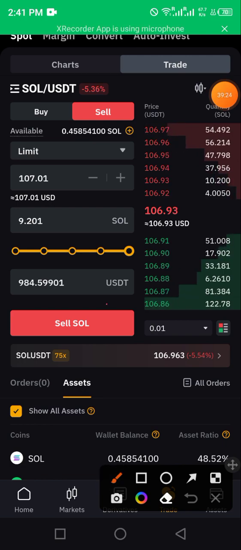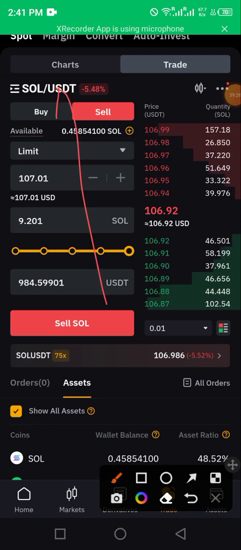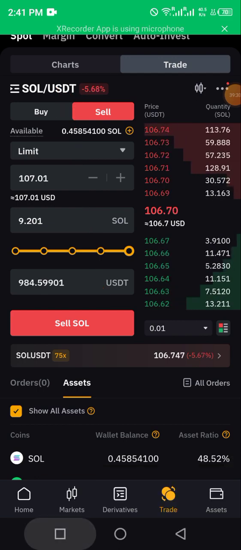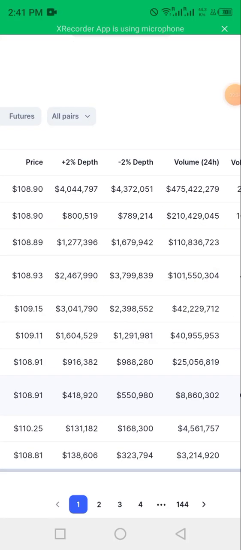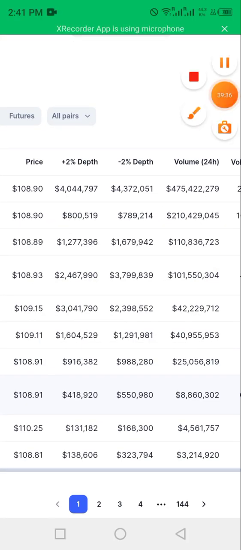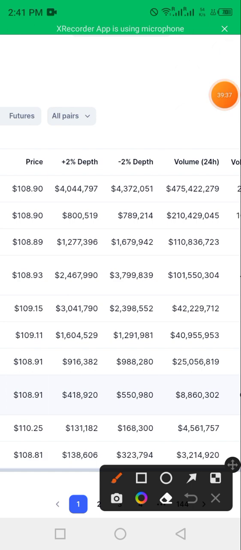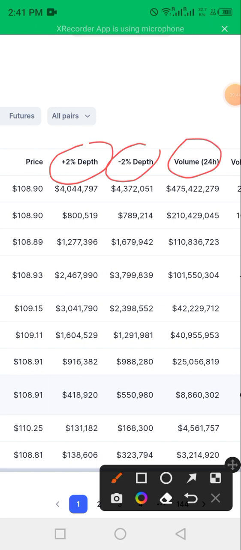Then we went to our CoinMarketCap and saw how to analyze our 2% depth plus and minus, including our trading volume, to give us an opportunity to take our decision.